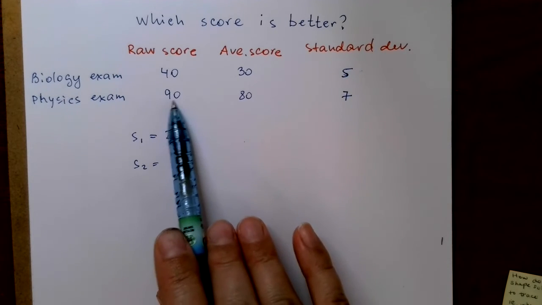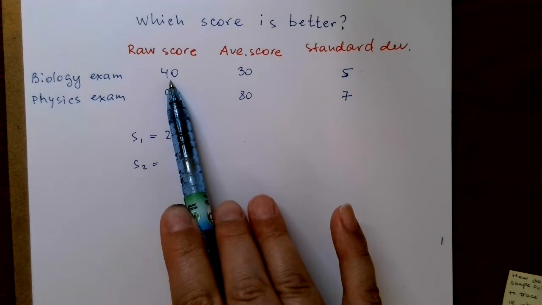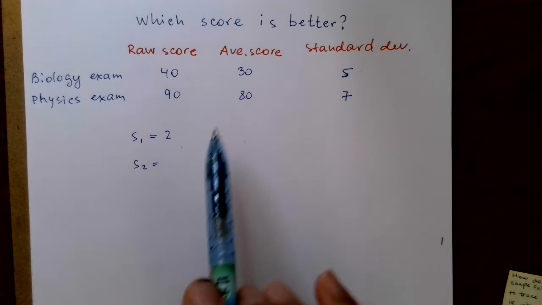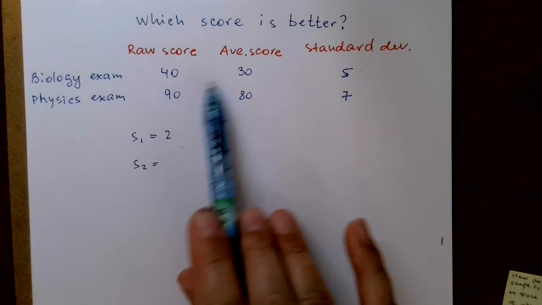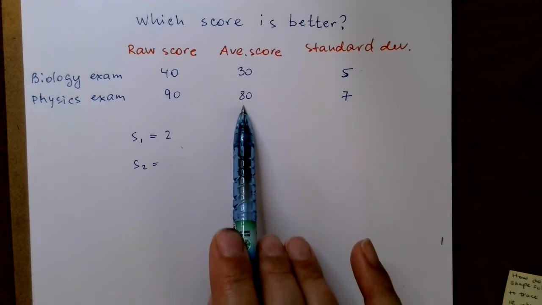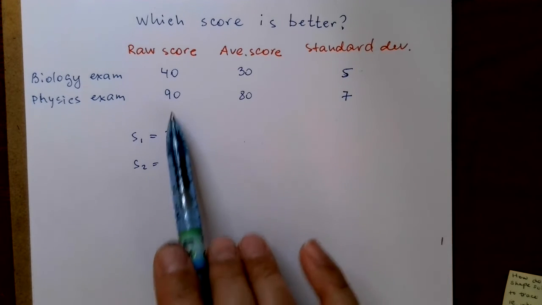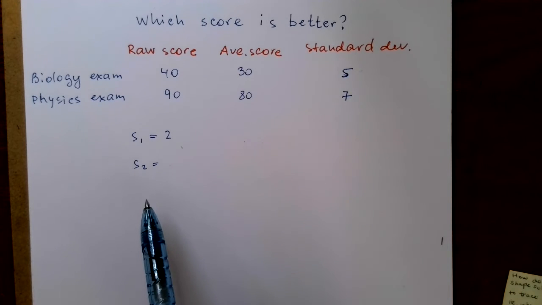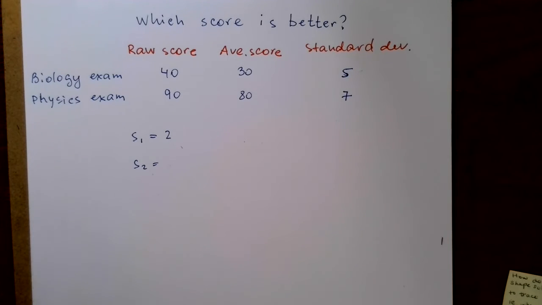So this score is not as good as the score in the biology exam, you see, because it's not as far away from the average score as 40. 40 is further away from the average score than 90 is. Okay, but how do we calculate that distance from the average in terms of a standard deviation?